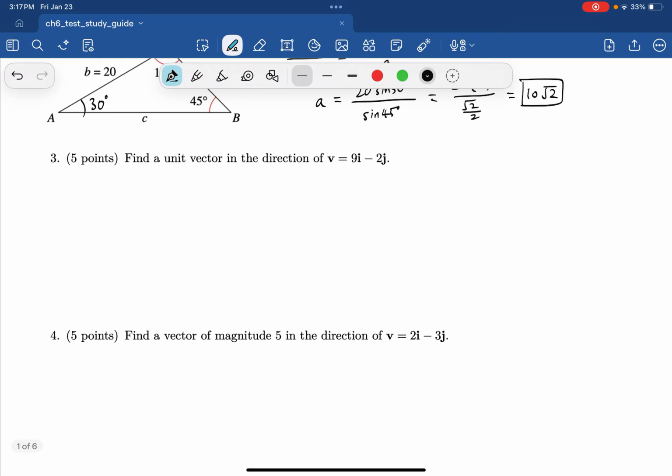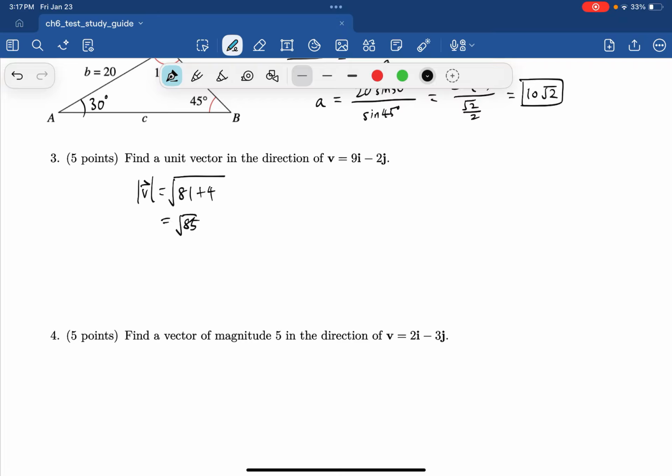Next question, trying to find a unit vector in the direction of this other vector. And so to find a unit vector, we just divide the vector by its own magnitude. And so the magnitude of V is square root of 81 plus 4, which is root 85.